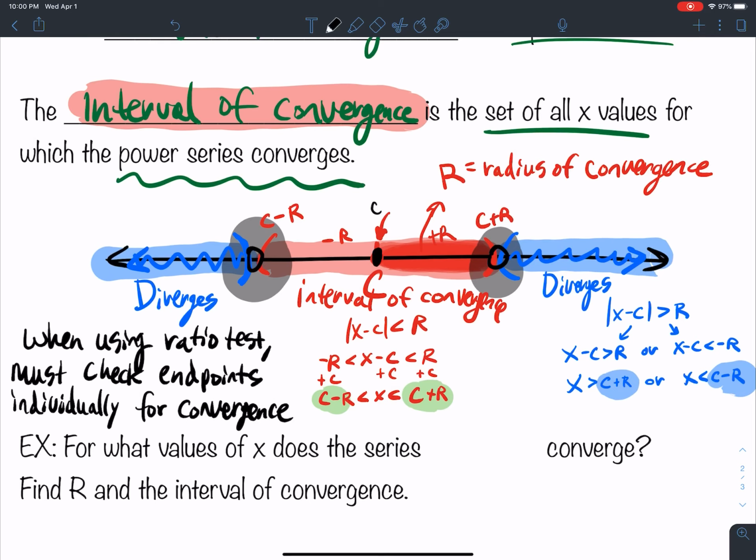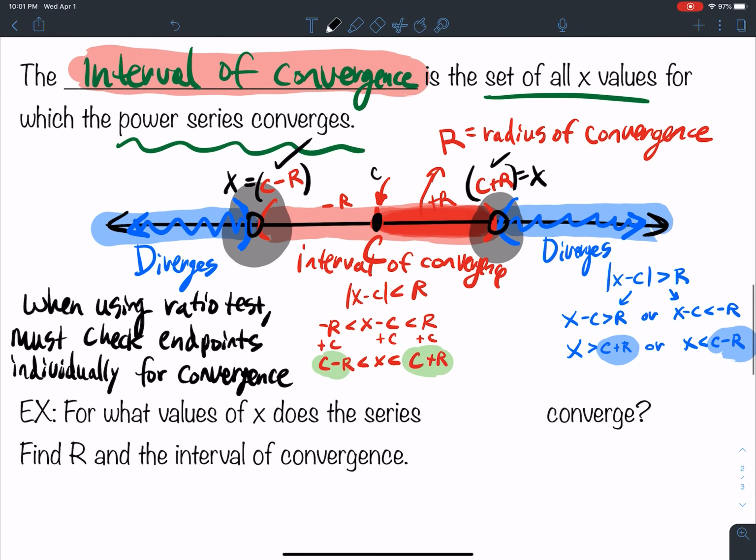So we'd have to check, does x equal c minus r work? Does the series converge when that's true? Does x equal c plus r work? When we plug that into our series, will we get a convergent series? Okay, so you've got to check the endpoints. That's key there.